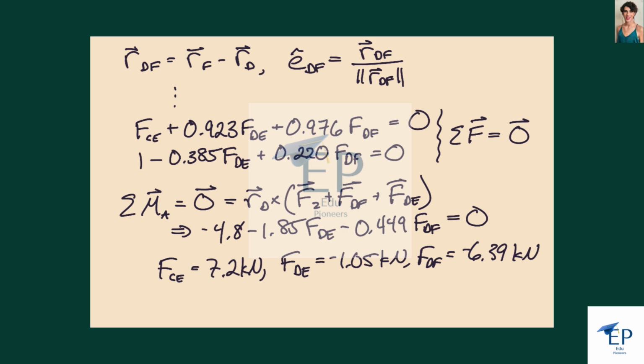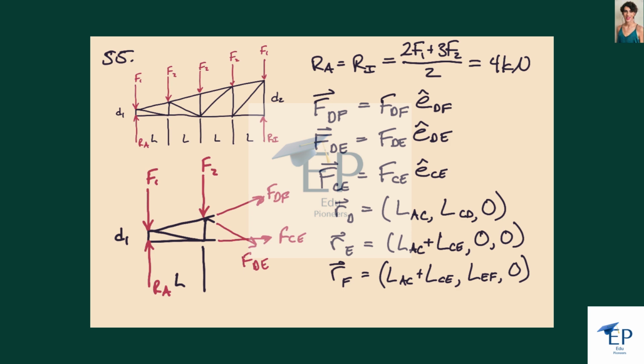And then we can take moments. I took moments about point A, which is here. The vectors that create moments about that point all act through the same point, which is point D. So this is just r_D, and we can find LCD using geometry.